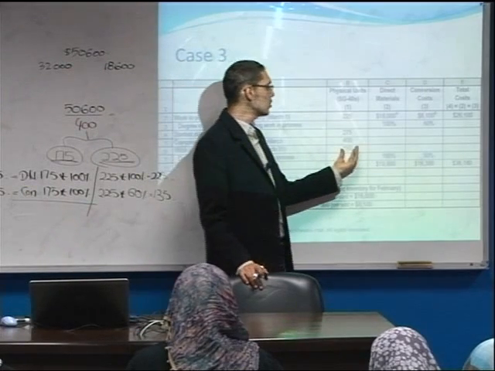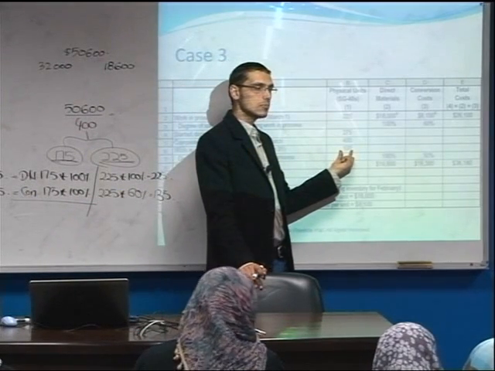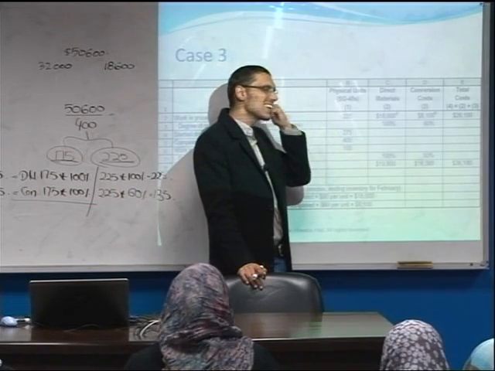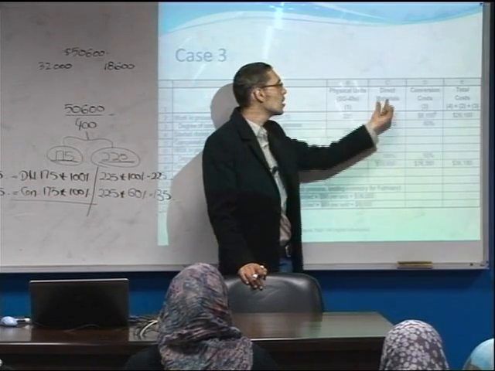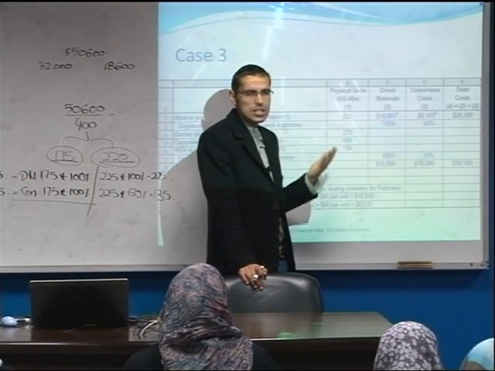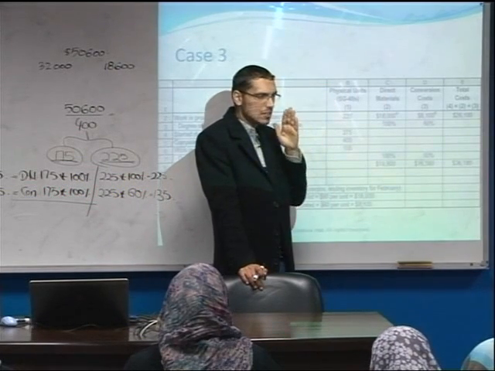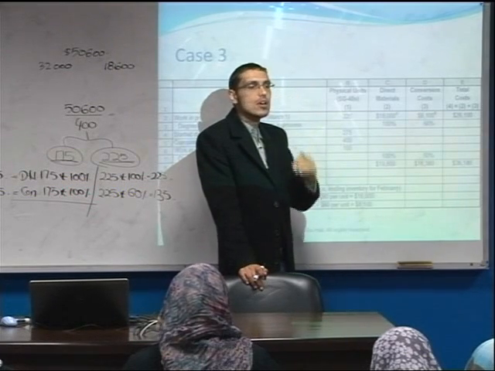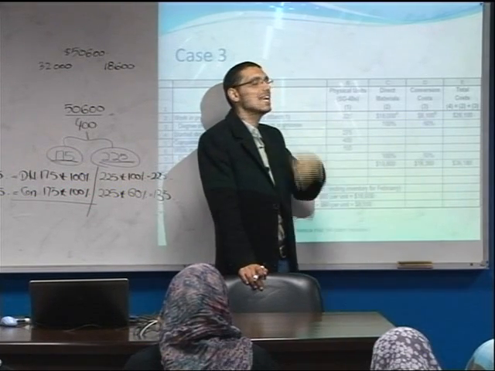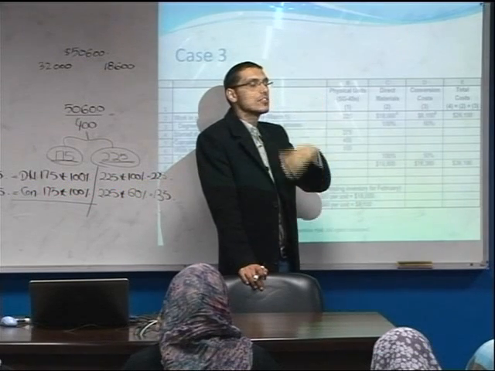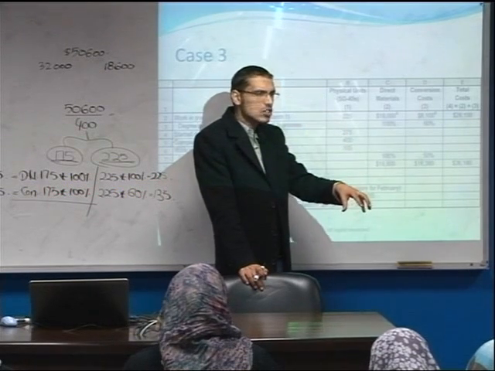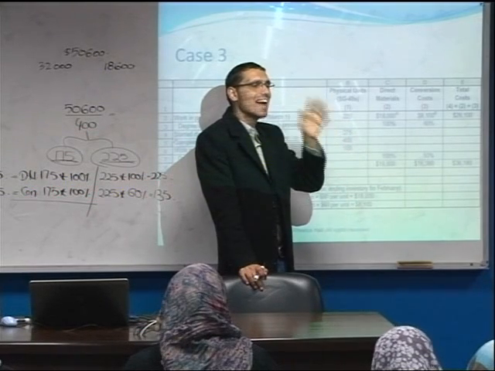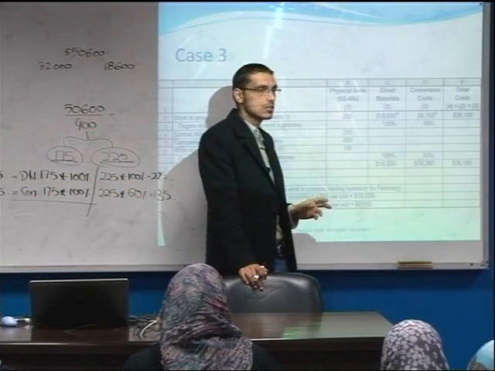Of course, the 100 units had incurred 100% of direct materials, which is obvious. Why? Because we said that the direct materials are added at the beginning of the manufacturing process. Therefore, any unit that has been started within the manufacturing process, the first thing added is the direct materials.